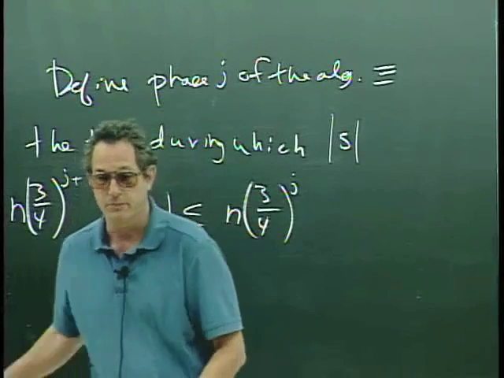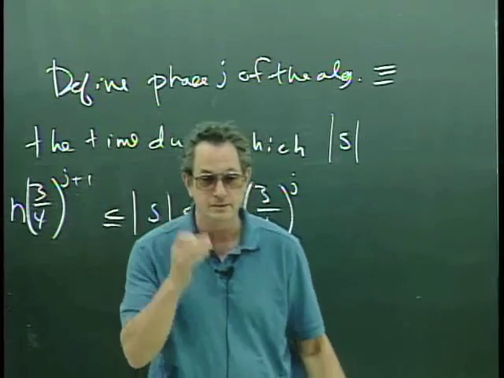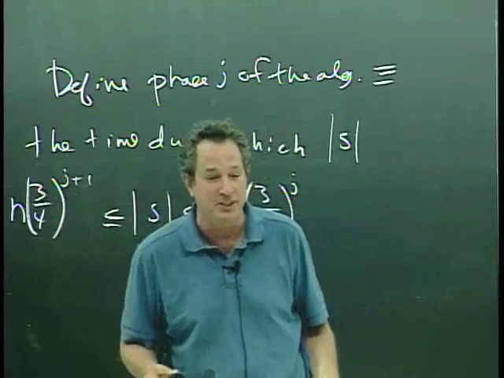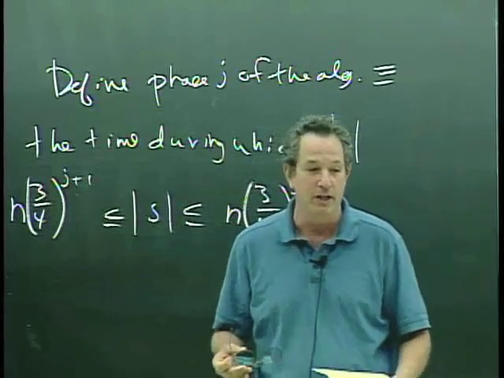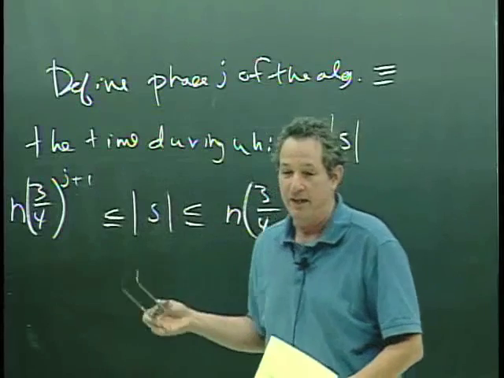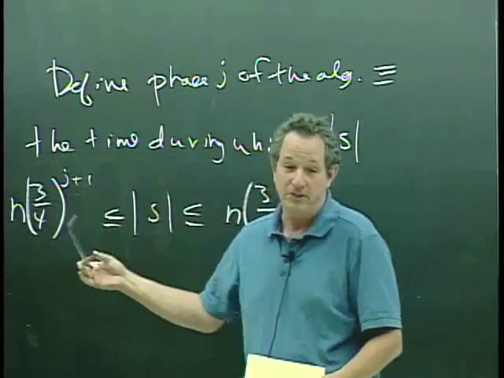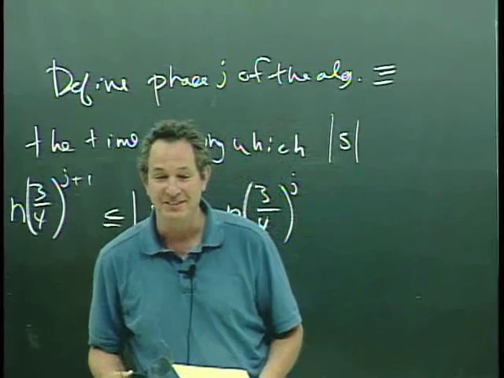Okay. Next definition, and if anybody has any questions, what's the most obvious question about this? Why 3/4? Why phase J? Why anything? The answer is, you don't yet see. For the moment, it's just some definition. How many times can you be in phase J?